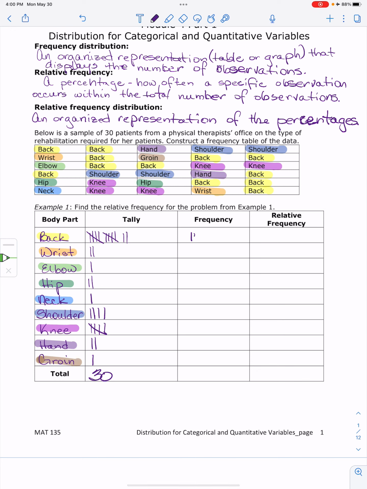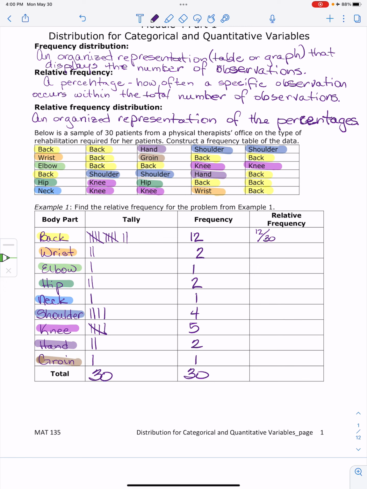The frequency is just how many times those happen. Again, if I add those, I get 30. Our relative frequency is how many times those happen in our entire set. So I have 12 back injuries out of my 30 injuries total.